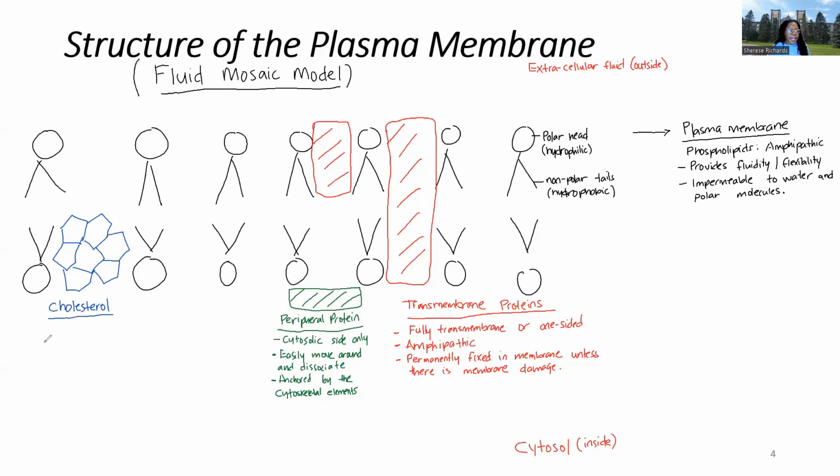By nature of being this fatty ring, it breaks up some of the watery interactions, and it basically waterproofs the membrane. It prevents water from being able to get through in a similar way that the phospholipids do, but even more so because of that very complex ring carbon structure.